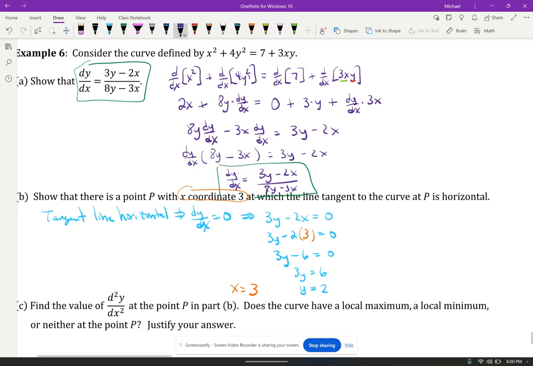And so we start by saying, okay, let's go back over here and start substituting values that we know or that we think we know. If x is 3, then 3 squared plus 4 times y, which is 2, 2 squared. Does that equal, I'm going to put a question mark because I don't know if it equals, 7 plus 3 times 3 times 2?